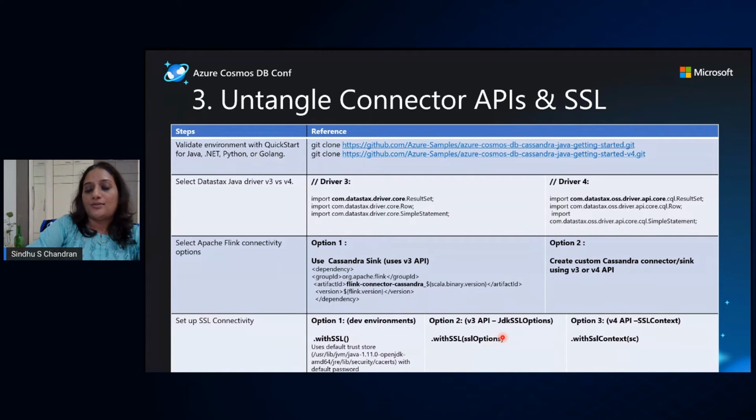But otherwise, you can use either the SSL options with the Java v3 API or the SSL context with the version 4 API. So these are the options for SSL that have to be set up while connecting to Cassandra. So this sort of summarizes the key changes that are needed from a code point of view for your application to work.